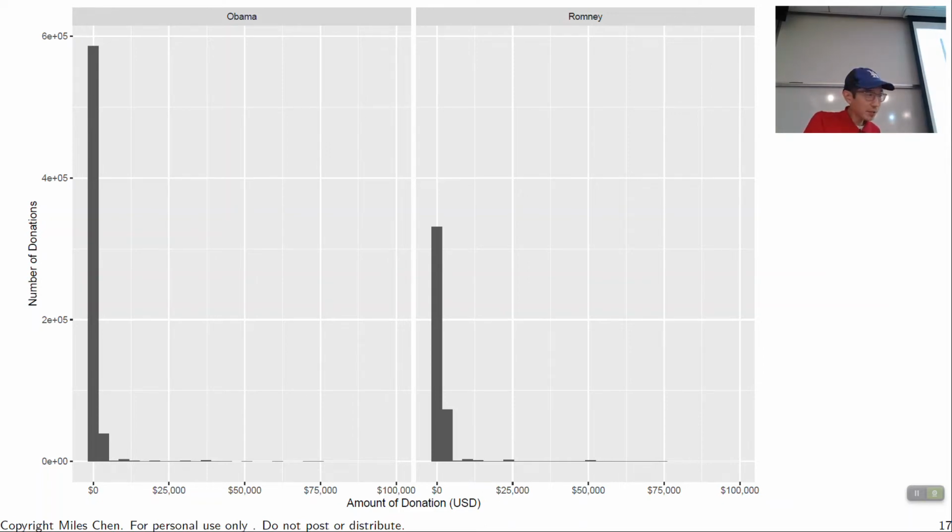So when you have something that's extremely skewed, one thing that we can do is transform our variable, okay? And so we can do something like take the logarithm, right? So we can take the log of a number.